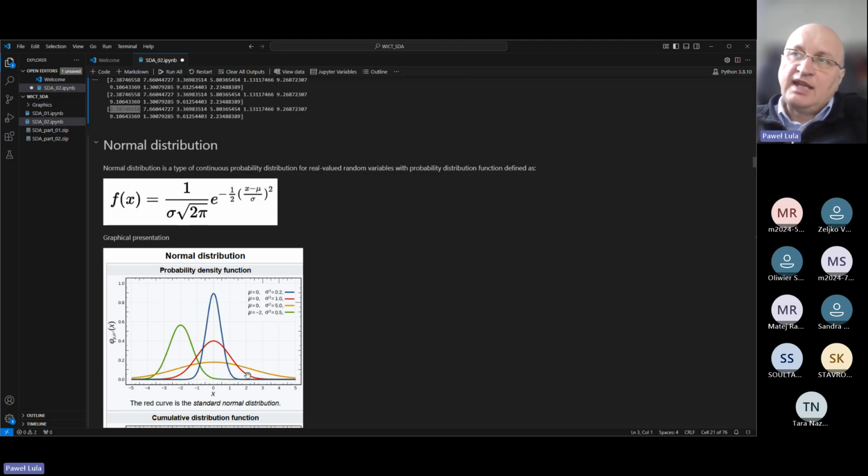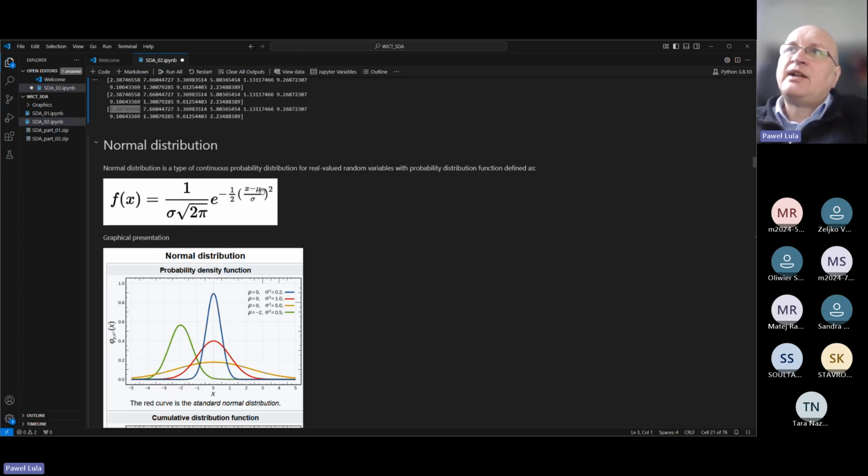This curve is symmetric with respect to this 0 point, and the highest point is there. For this green line, mi is -2, and we see that the highest point is exactly above the value -2. It is the first parameter.